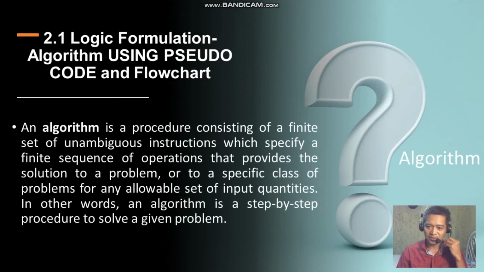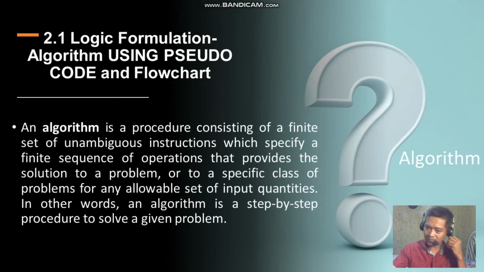Take note, meron tayong input quantities doon para ma-process and then i-output. Bago ka pa makapag-manipulate o makapag-process, you need to have good inputs to have good quality outputs of the program.